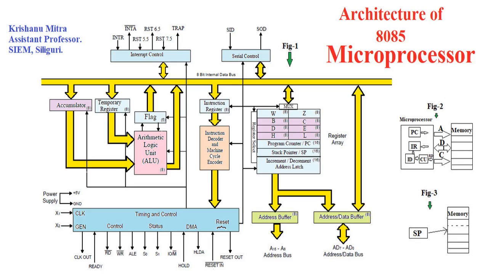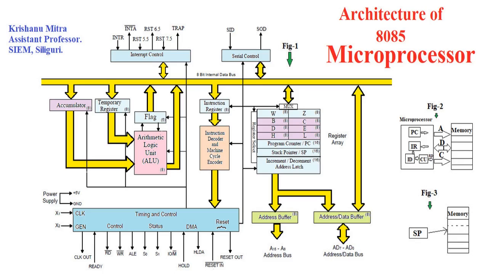So this is how one instruction cycle completes, and we can see in the diagram how the instruction register, instruction decoder, timing and control unit, and program counter work step by step.